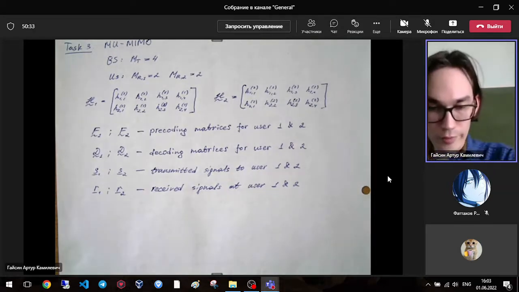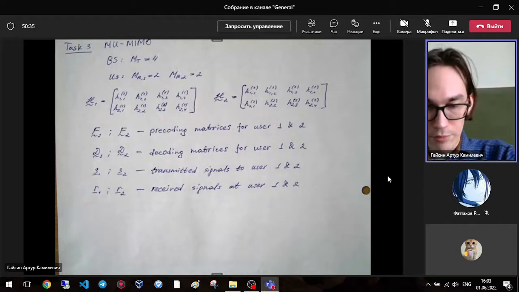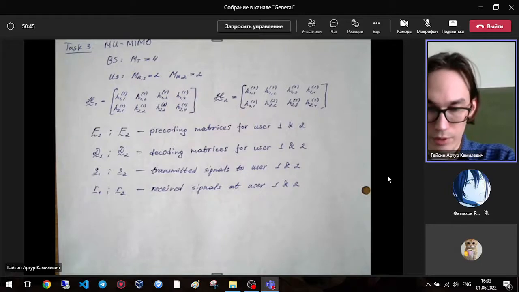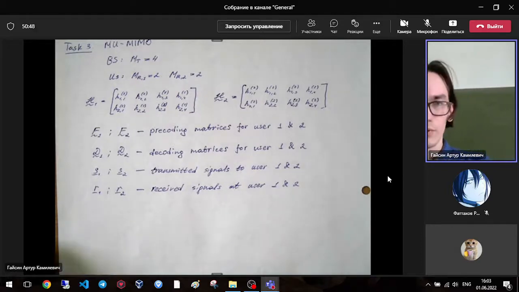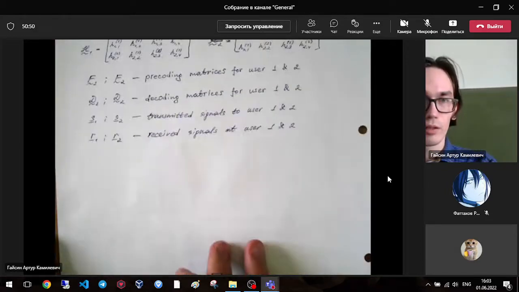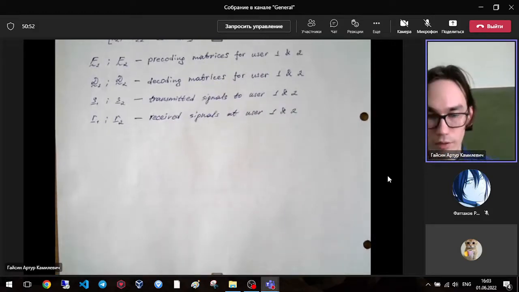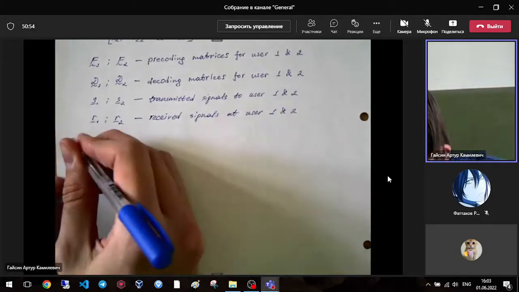And here, the first subtask is to specify the explicit dimensions of the following vectors and matrices: S1, S2, R1, R2, F1, F2, and D1, D2. So let's write the first subtask here.